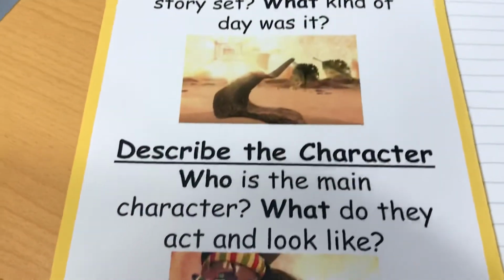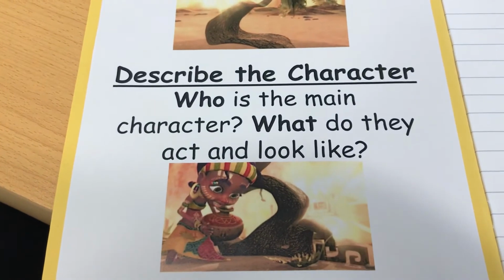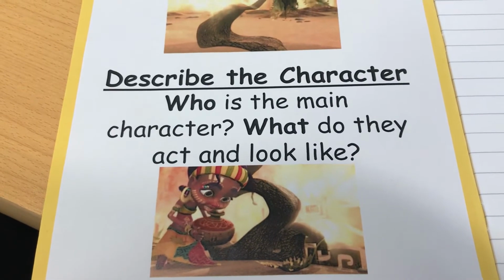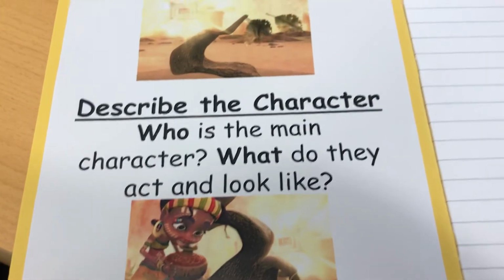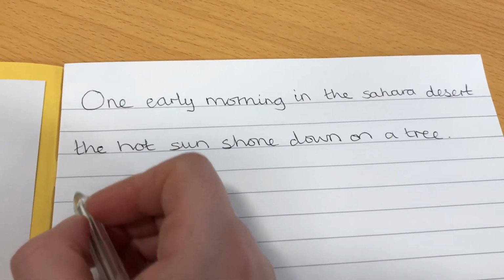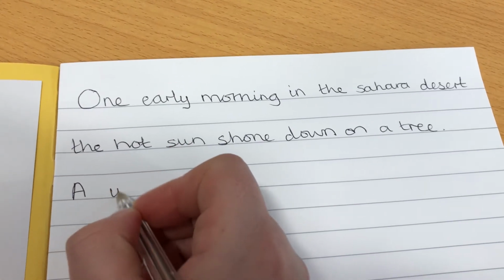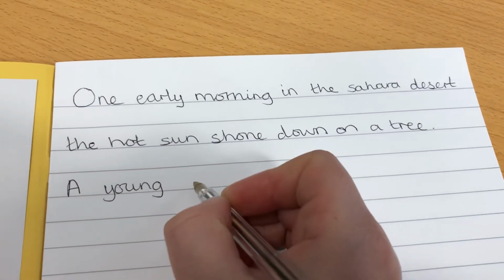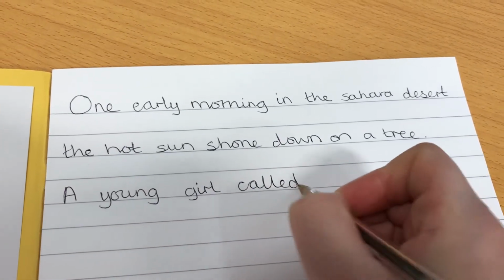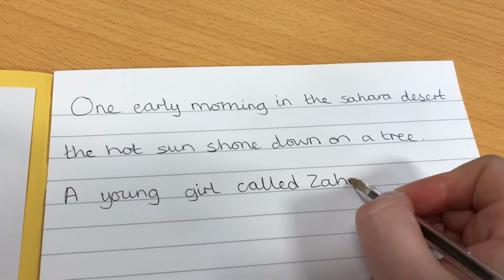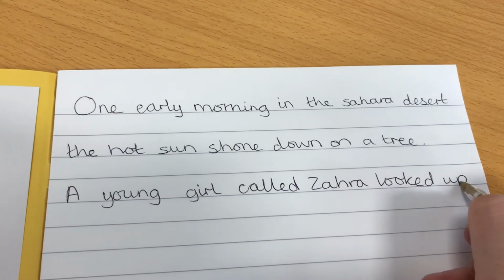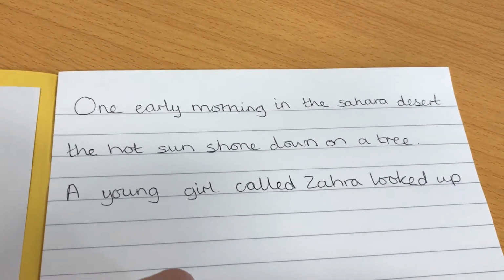So the next part of my introduction is going to be all about Zara. So I've got to describe who she is and how she acted, as well as how she looked. So I'm going to introduce her into my story and let the reader know what her name was. So let's go with a young girl called Zara, looked up, because if you remember at the beginning of that cartoon, she stood at the bottom of the tree looking up at the leaves as they fell.